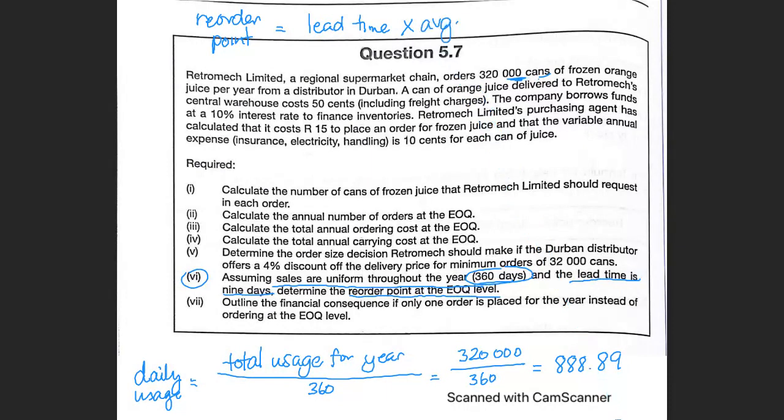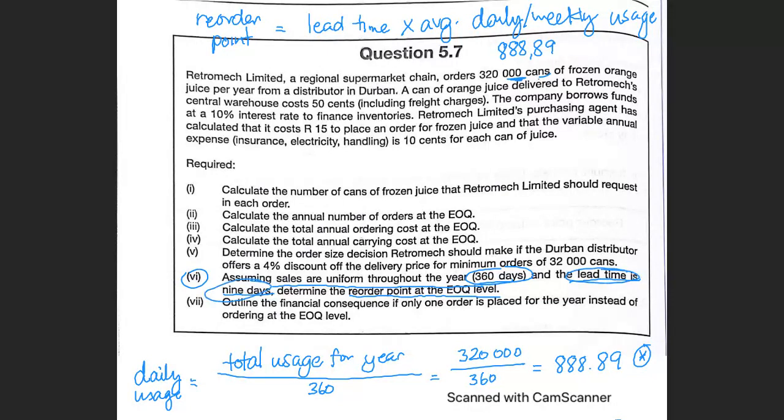Okay, multiplied by the average daily or weekly usage. So here they've given us the daily usage, which we just calculated at the bottom: 888.89. And they also told us that the lead time is 9 days.